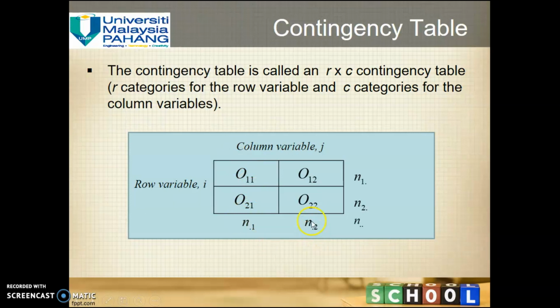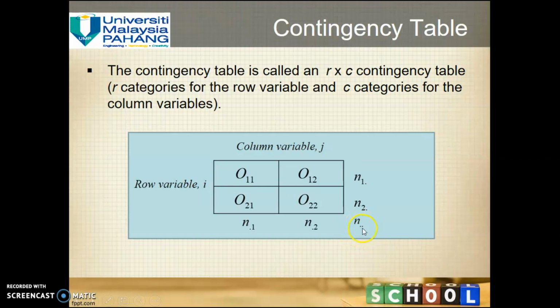N dot 2 is the summation of the second category of the column, O12 plus O22.